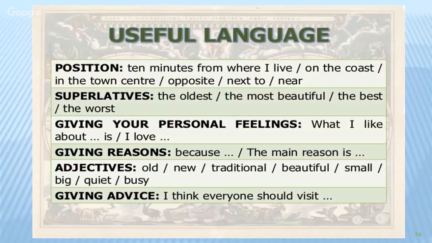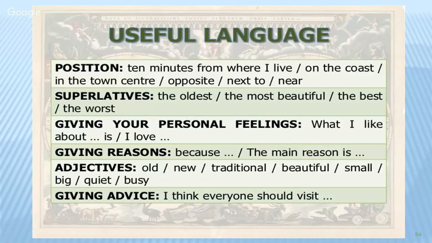Useful language. Position: 10 minutes from where I live, on the coast, in the town center, opposite, next to, near. These are some of the words you can use to give the position of the place that you're describing. Superlatives: the oldest, the most beautiful, the best, the worst. We can use words like these. Giving your personal feelings: what I like about this place is... I love this place.